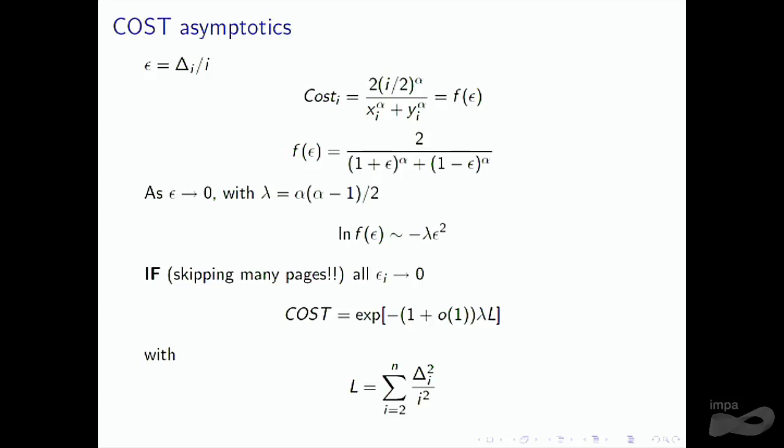So the key thing then becomes this variable L, which is the sum over the excursion of the epsilon squares, that is the sum over the excursion of delta i squared over i squared.